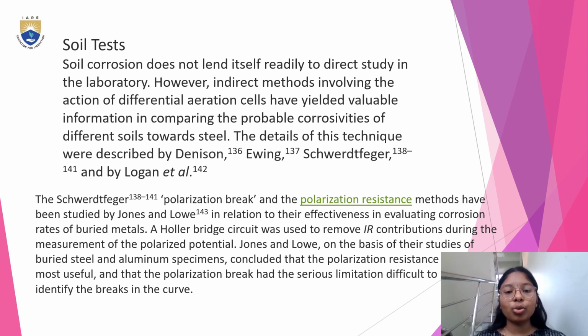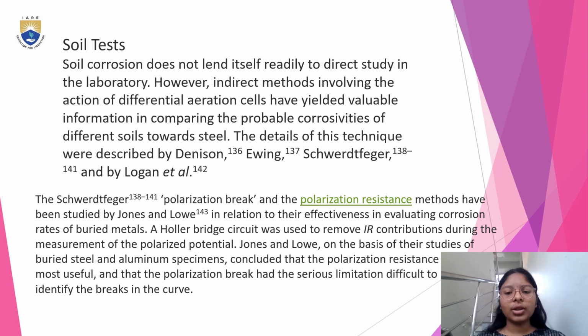This period is called polarization break, and the polarization resistance methods have been studied by Jones and Lowe in relation to their effectiveness in evaluating corrosion rates of buried metals. A Wheatstone bridge circuit was used to remove IR contributions during the measurement of the polarized potential.